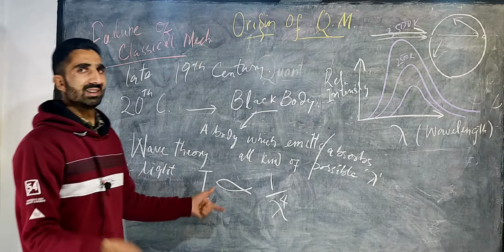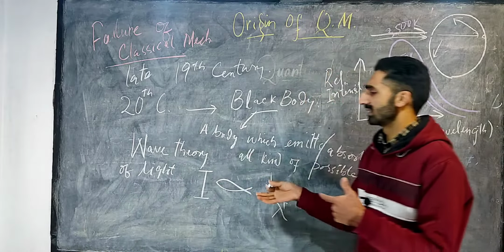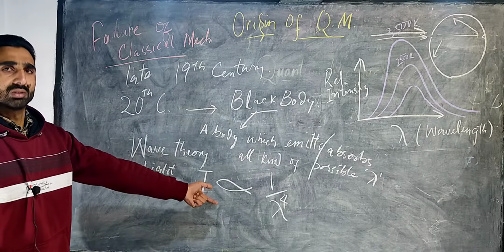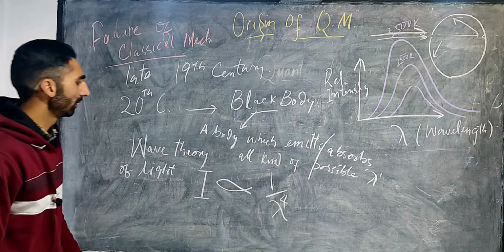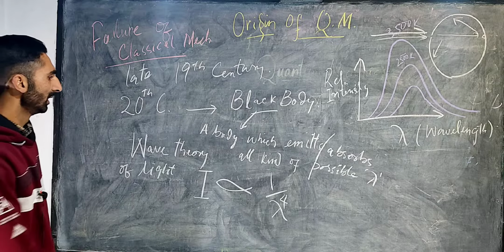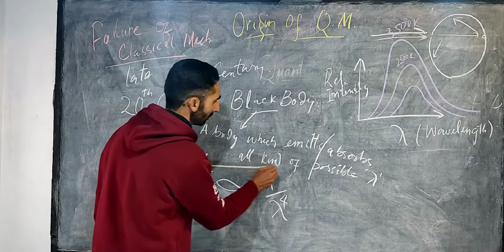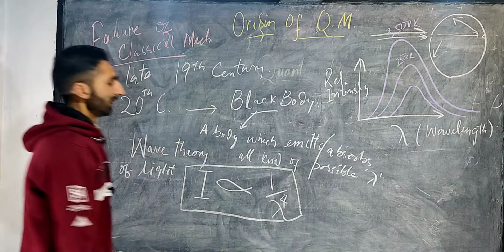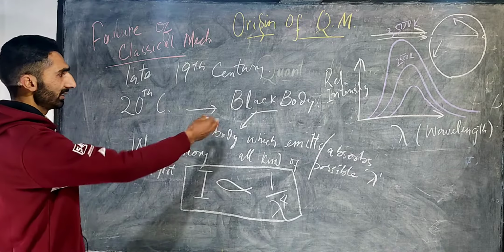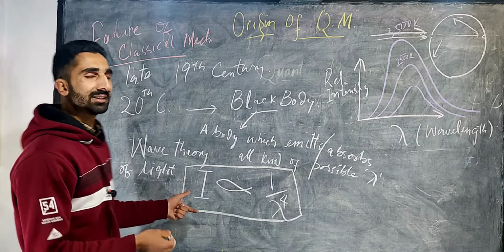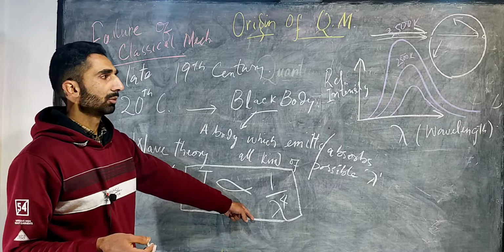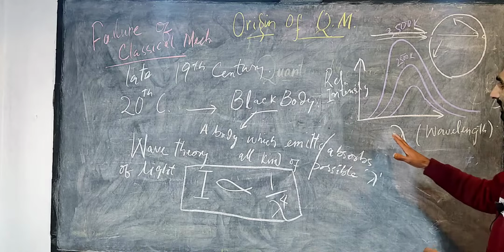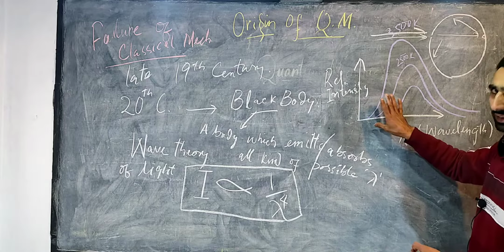Because in classical wave mechanics the intensity is proportional to the square of the amplitude, which in turn comes out to be inversely proportional to the fourth power of the corresponding wavelength. So if classical wave mechanics is true for all kinds of substances, including the black body, then intensity should have been inversely proportional to the fourth power of the wavelength.